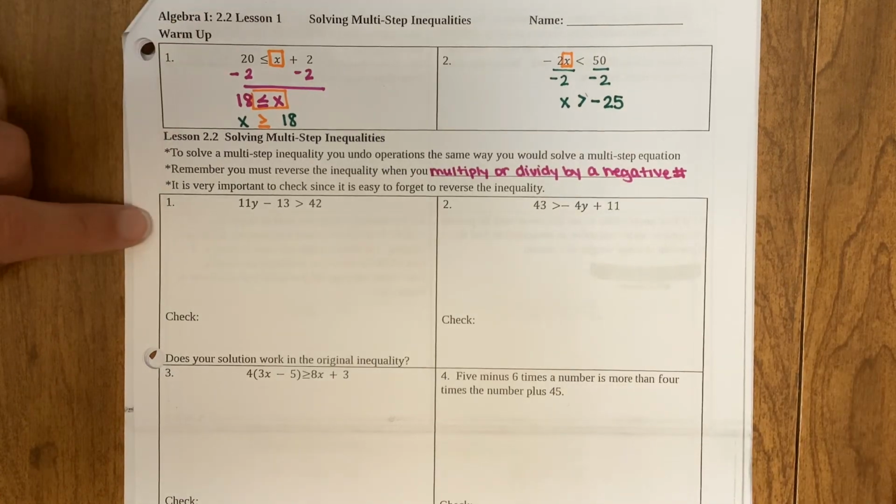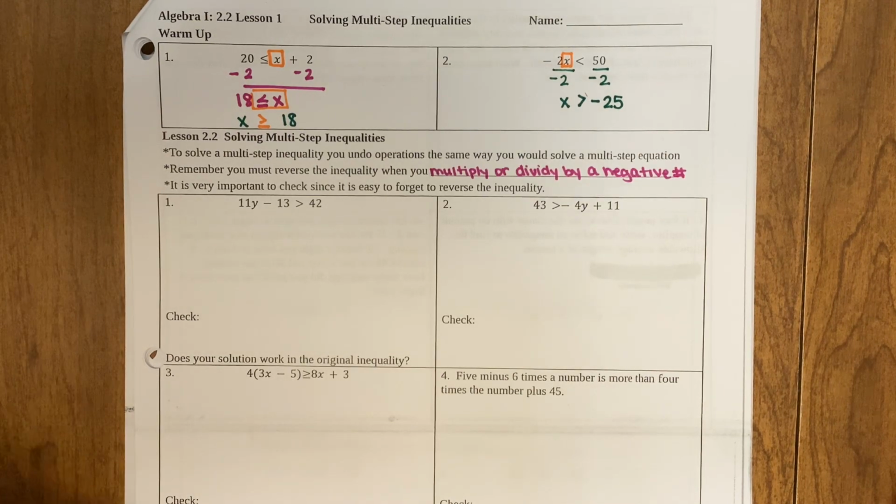It is very important to check your work since it is easy to forget your inequality sign. So remember, since we don't have one exact answer, you pick an answer that would be true for what you got. And if it is, then you know your answer is correct.